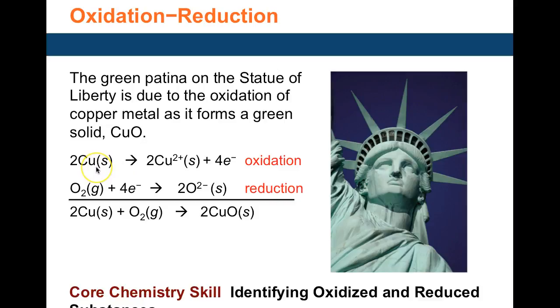For every electron lost, the charge goes up by 1, right? Each copper is losing 2 electrons, so the 2 coppers are losing a total of 4 electrons. So remember, each time an electron is lost, that atom increases in charge by 1. Each copper has a charge of 2+, because each of them has lost 2 electrons. Because there are 2 of them, that's 2 times 2, so 4 electrons are lost in total.